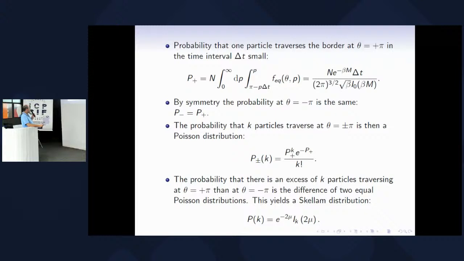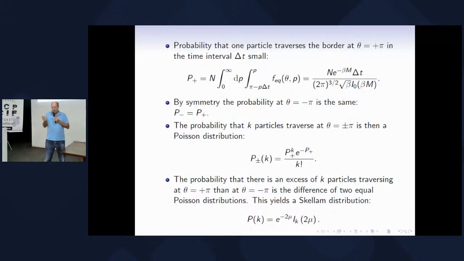The probability that k particles cross, you compose these probabilities. We suppose the crossing probabilities are independent. I neglect some possible correlations. And it's given by this expression, okay?